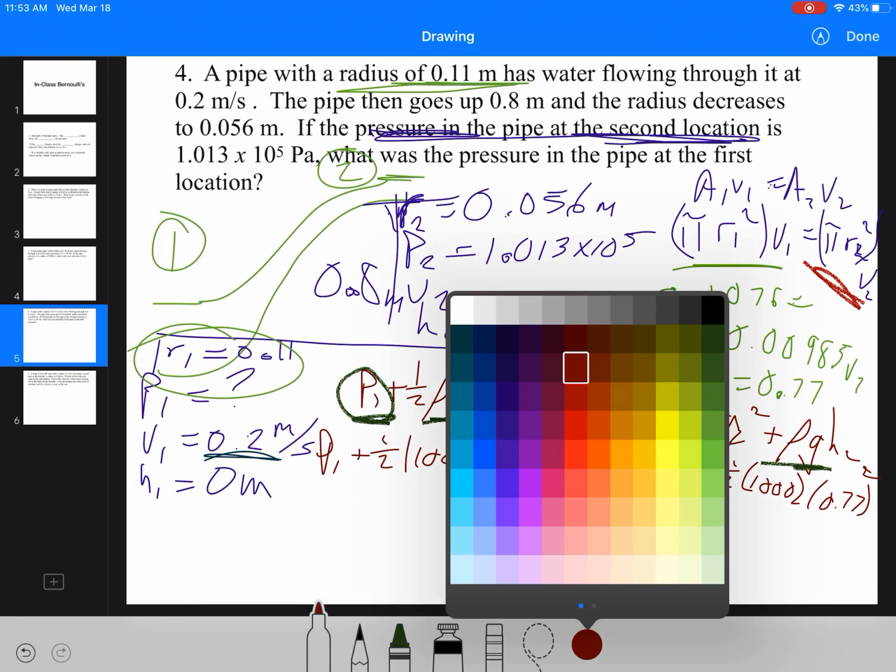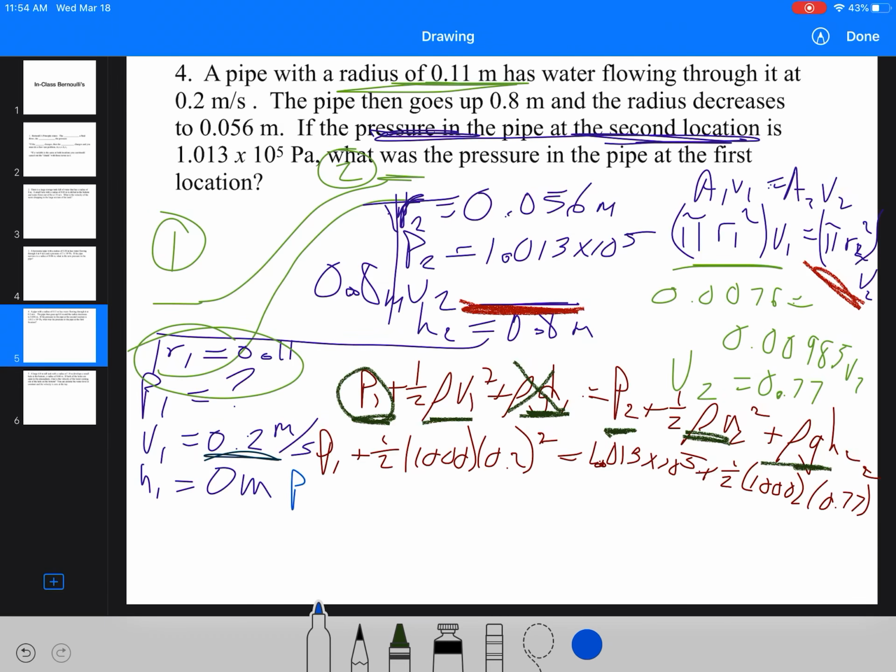So P1, that's my unknown, plus 1/2 times 1,000 times 0.2 squared, it's 20, is equal to, and again, 1.013 times 10 to the 5th is the same as 101,300, plus 1/2 times 1,000 times 0.77 squared, and again, I shouldn't really be using that rounded value, but it's 296.45.